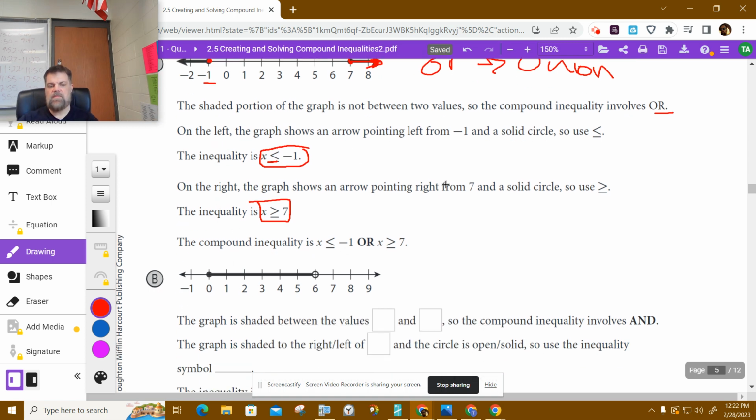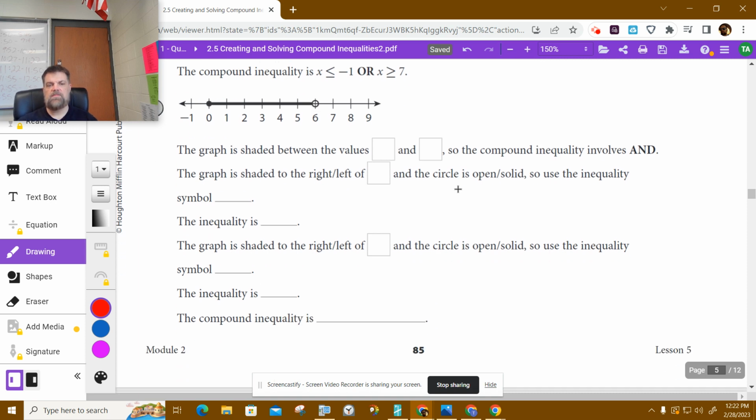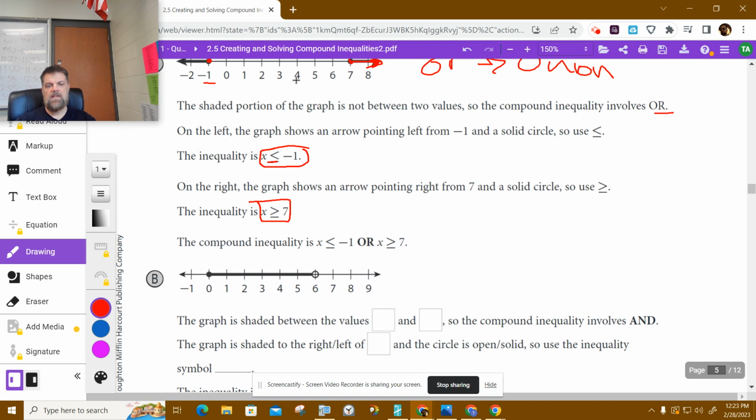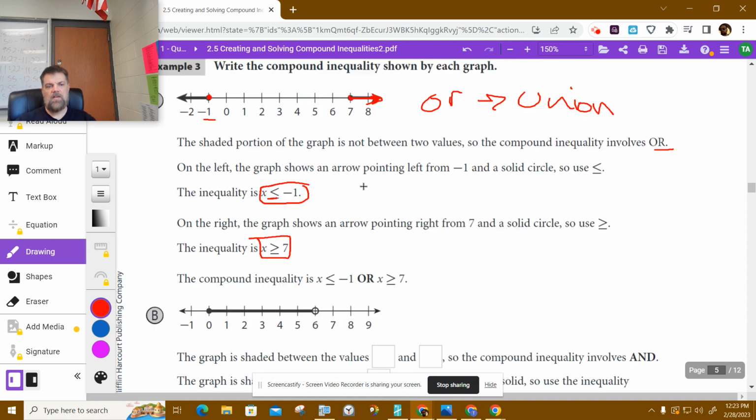Let's do part B. Part B says, is this an or an and? Well, if I say x is less than -1, wait. Hold on a second.